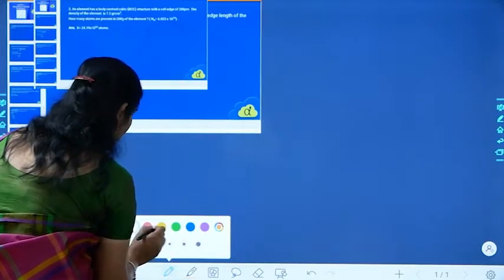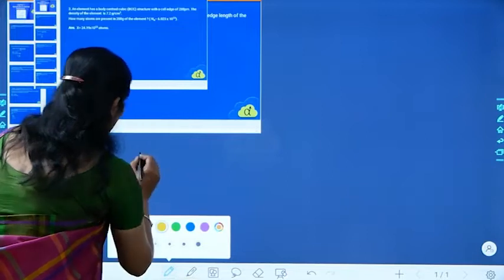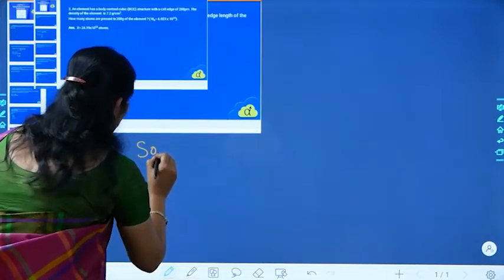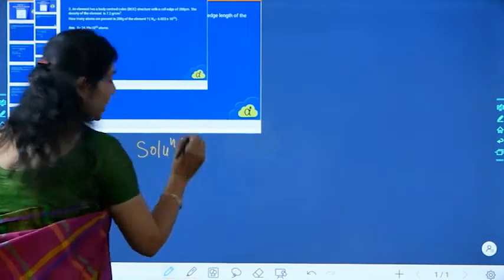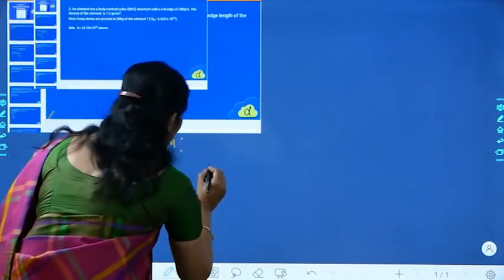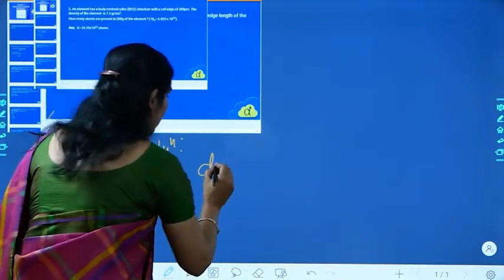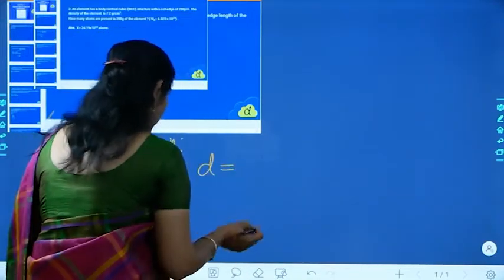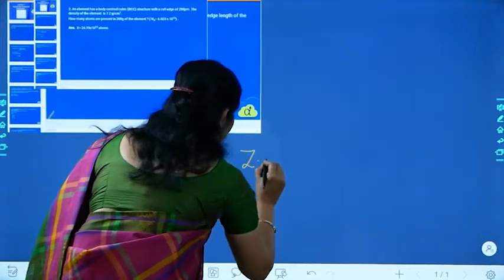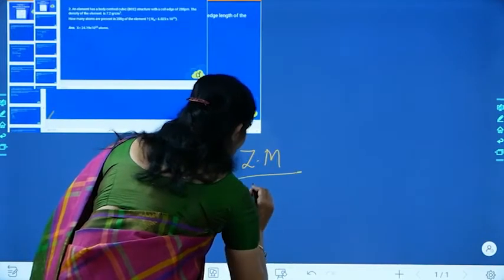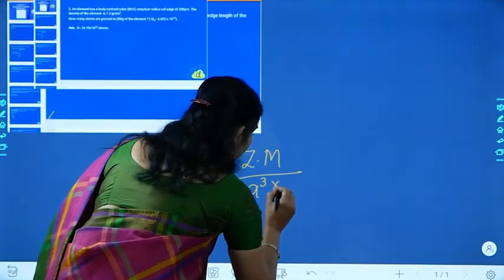First you write the formula. Solution. See how to solve this numerical. Always you have to write the formula. It will carry 1 mark. What is the formula? D is equal to Z into M divided by A cube into Na.